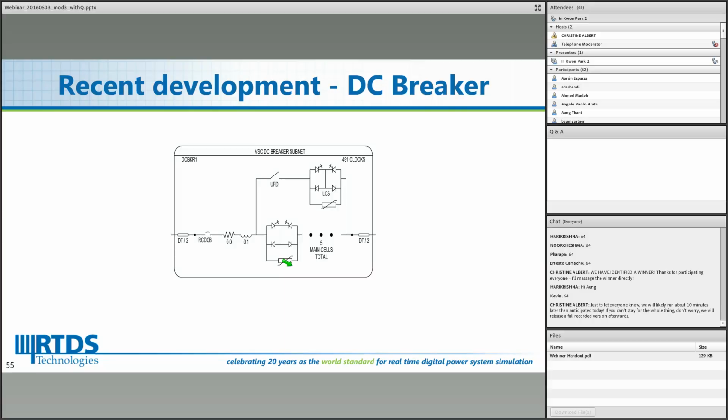Once the command comes in to open the circuit, we can open the regular conduction path, and the current will be commutated over into the series connected arrester conduction path. Then those arresters would be able to build the necessary back voltage in order to interrupt the current. And that's how this, what people usually call a hybrid DC circuit breaker, works. And we have this DC circuit breaker as a model in the small timestep library.